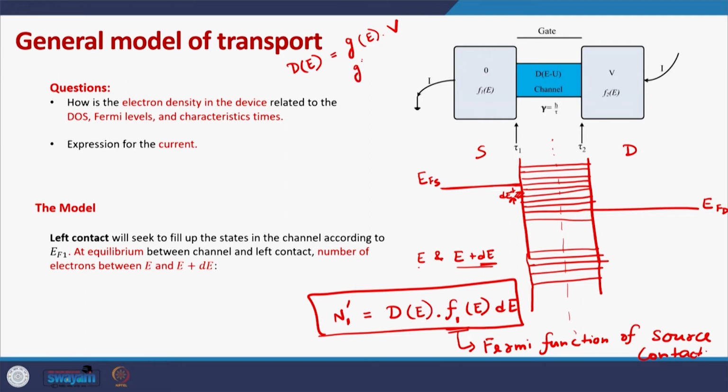It is G3D(E) times volume for 3D channels, G2D times area for 2D channels, and G1D times length for 1D channels. So, this is in a way the number of allowed electronic states in the entire volume of the 3D channel, or for a 2D channel the number of electronic states in the entire area, or for a 1D channel the number of allowed electronic states in the entire length.